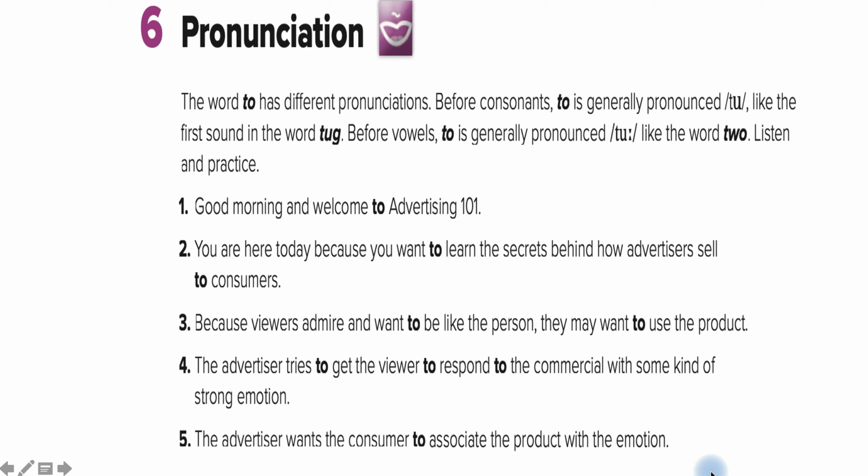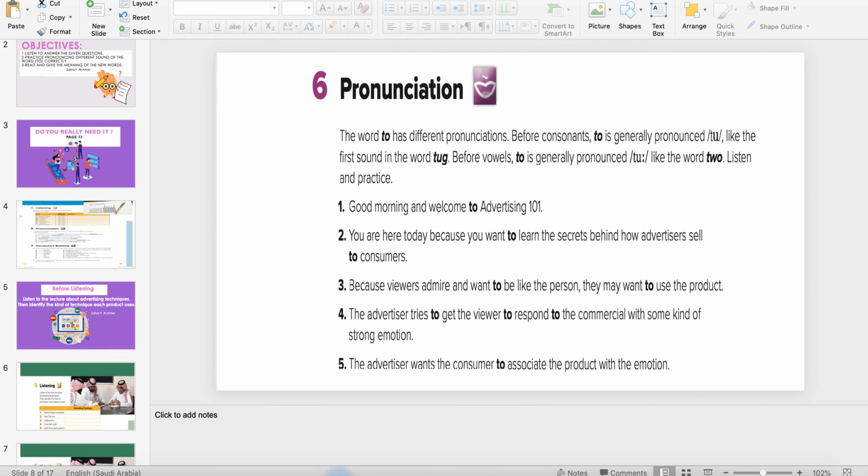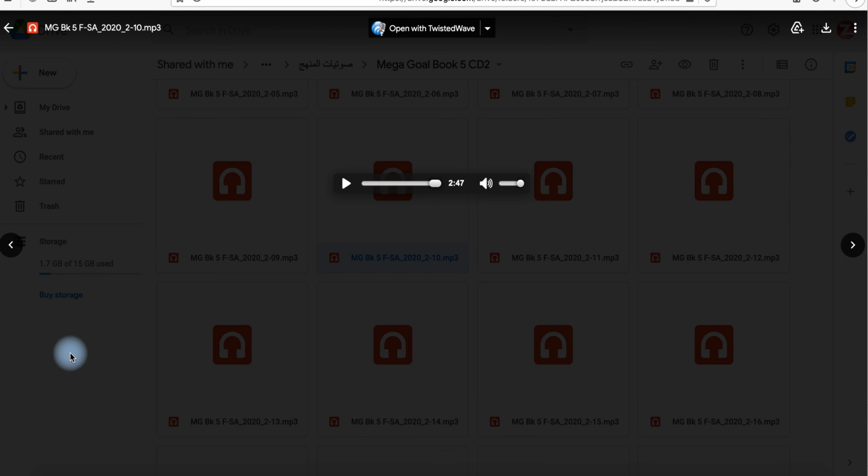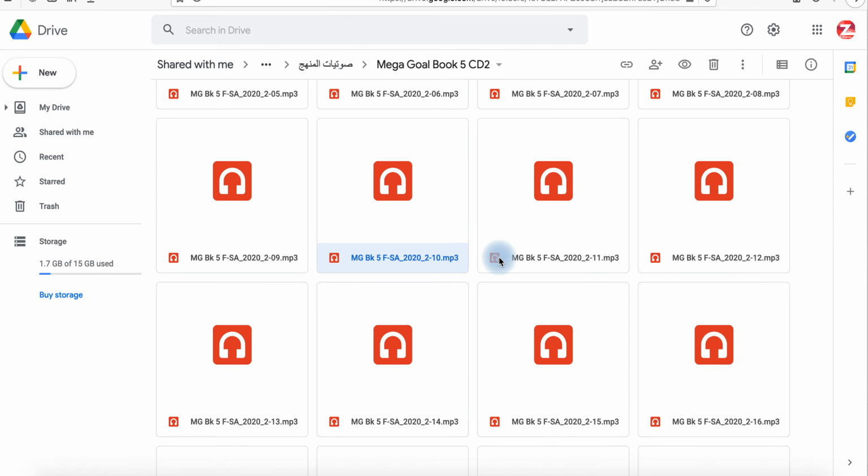The goal of pronunciation is to learn how to pronounce the word to in different ways, and then try to practice these sentences correctly. So get ready to listen, and then you are free to pause the video afterwards and practice saying these sentences aloud.